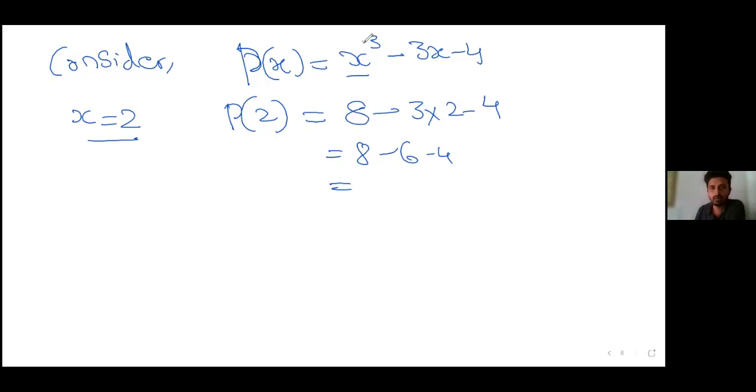Sorry, this is x square. So this value is 2, then this becomes 4. So 4 minus 6 minus 4. This gives us minus 6, if I'm right.